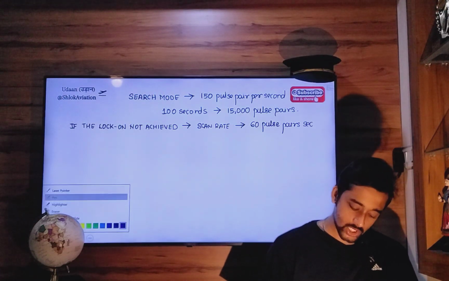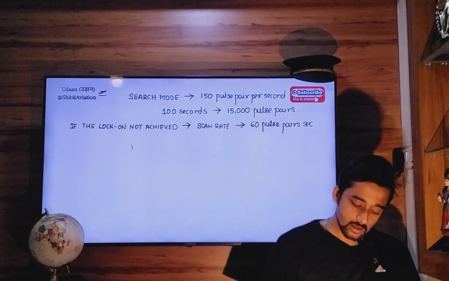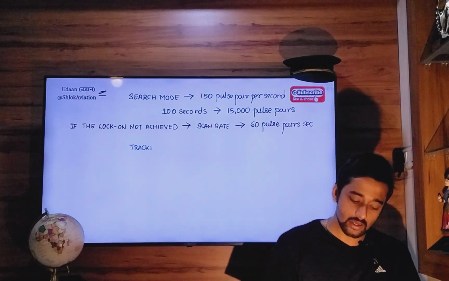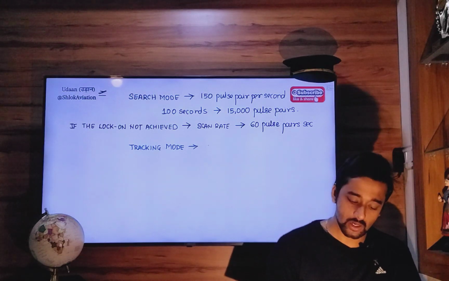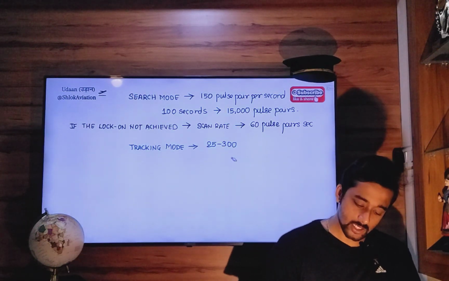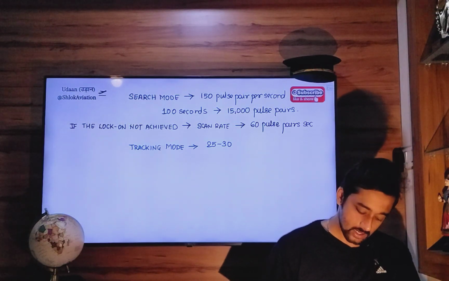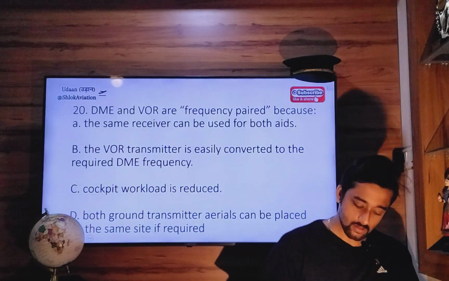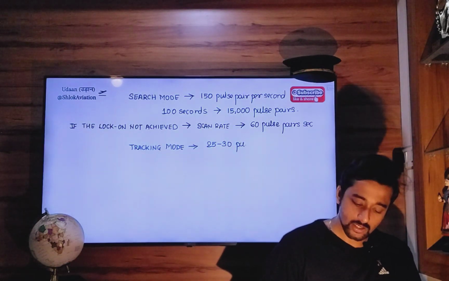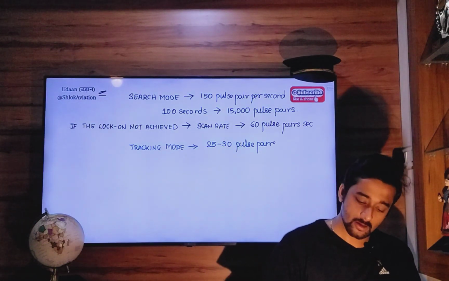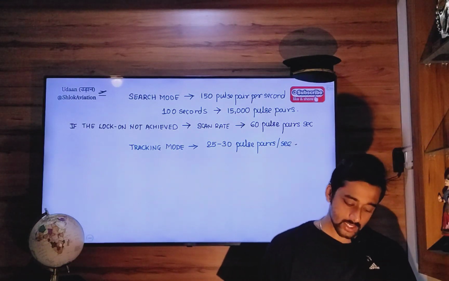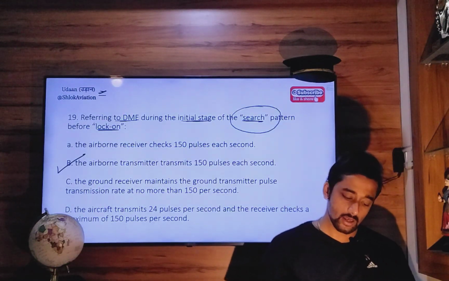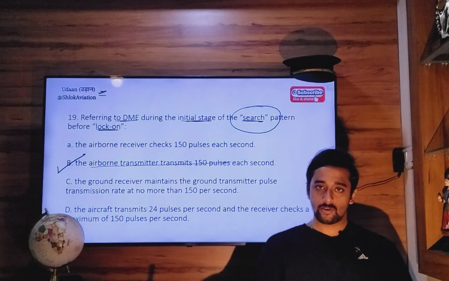Once lock-on is achieved, the DME will enter tracking mode. In this tracking mode, it will transmit 25 to 30 pulse pairs per second. So correct answer here is option Bravo. In the search mode, the airborne transmitter transmits 150 pulses per second.